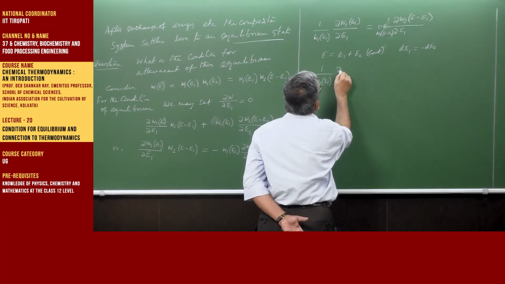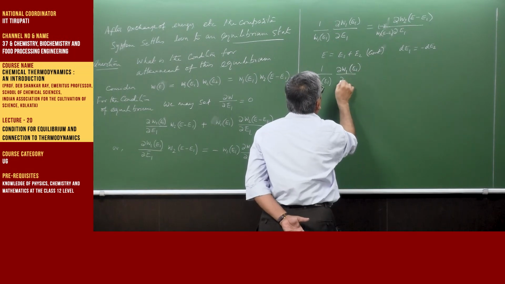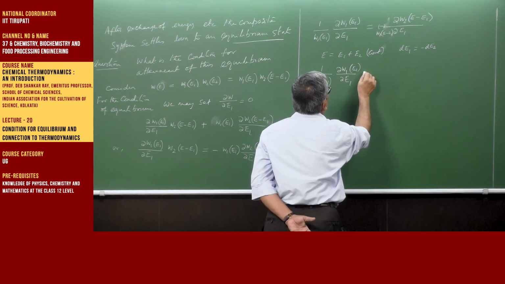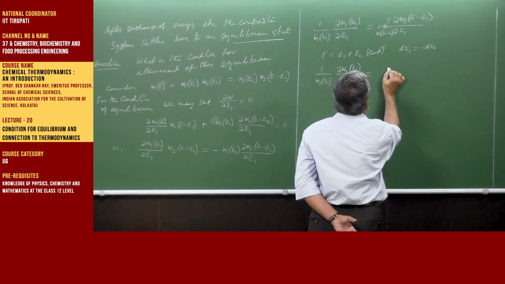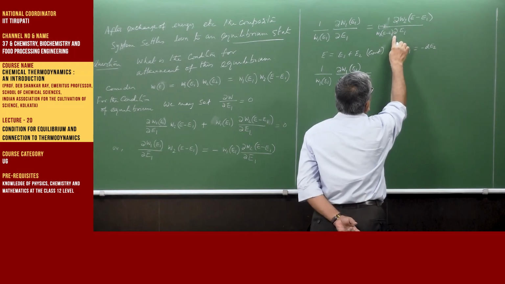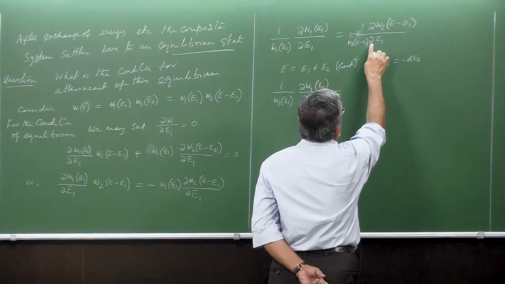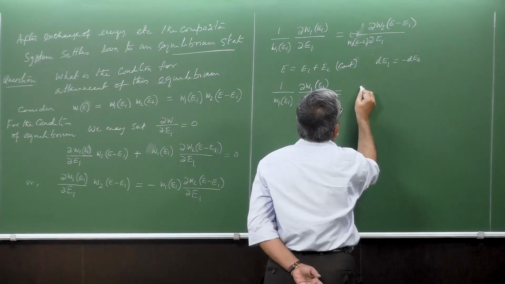E1 del W1 del E1, that is equal to this minus. If I replace this with del W2 and del of E2, then I cancel out this term.